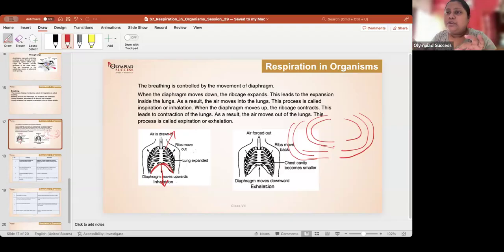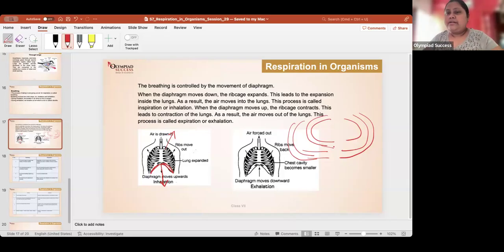So intrapulmonary pressure decreases as compared to the external pressure. During that time, air will move from higher pressure to lower pressure. So you will inhale. Clear?